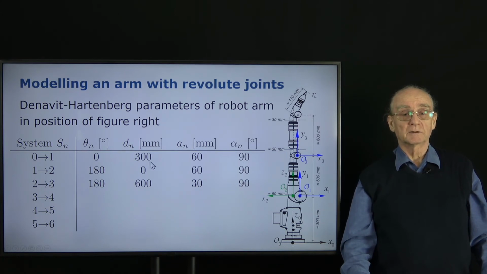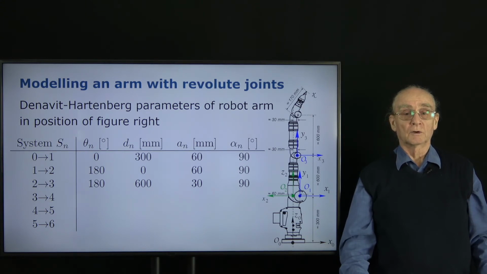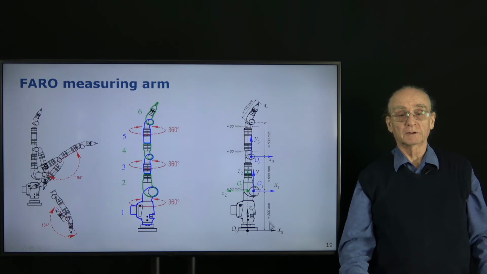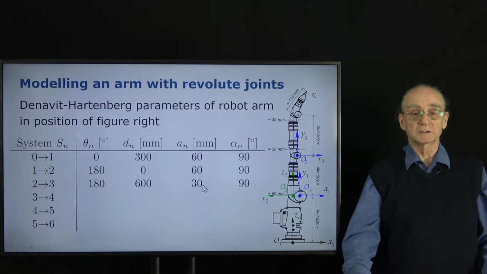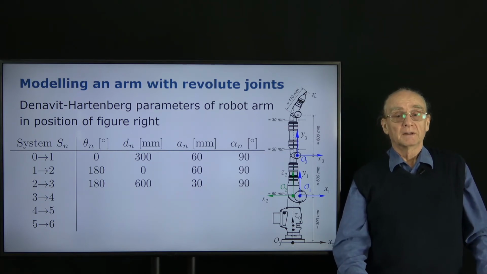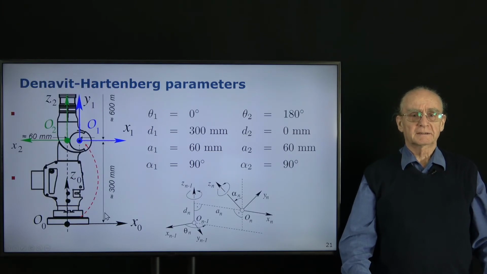And these values in millimeters say how long the lengths are. So for instance, here you have 300 millimeters, here 600 millimeters, here 600 millimeters, and the offset between this point and the axis here is 60 millimeters. You find these values in millimeters in this table, and these 3 rows, d, a, and alpha, need to be calibrated, and these values theta_n can be measured or controlled if this would be an active arm. So let's make an example.